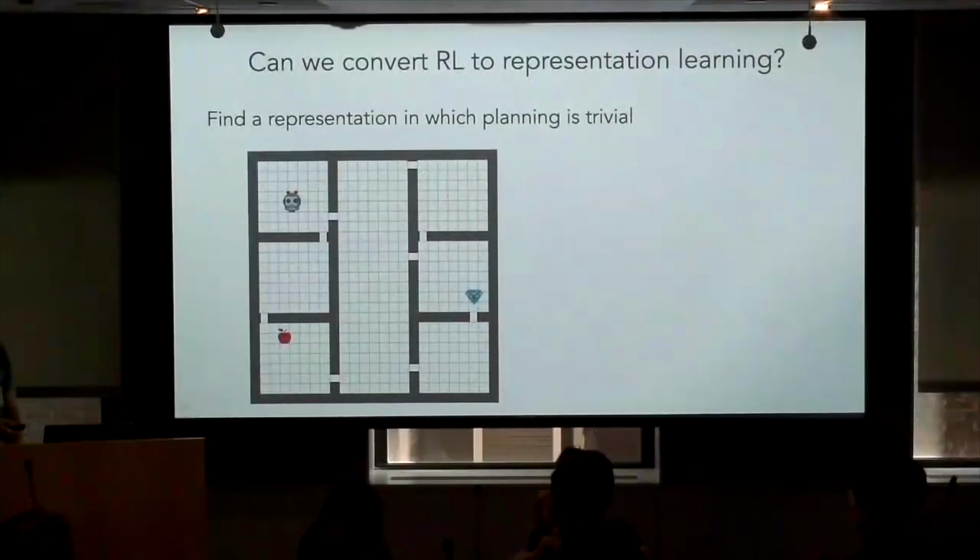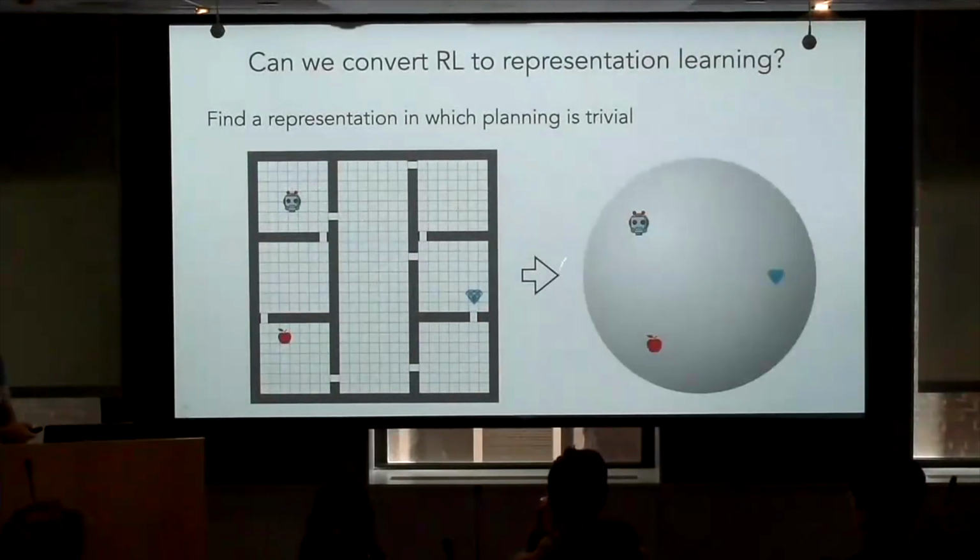How I'll define that here is we're going to try to find a mapping from states onto an embedding, a hyperspherical embedding, so onto normalized vectors, such that the optimal plan to go from state A to state B is a straight line.